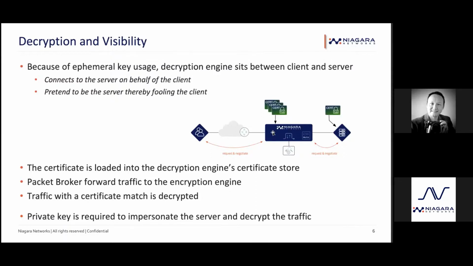The packet broker has its embedded certificate store, which is a write-only store. So once you take that certificate and you upload it to the Packetron, once it is uploaded, you cannot touch it anymore. The only thing you can do is delete it or update it with the new version of that certificate, but you cannot download it anymore.